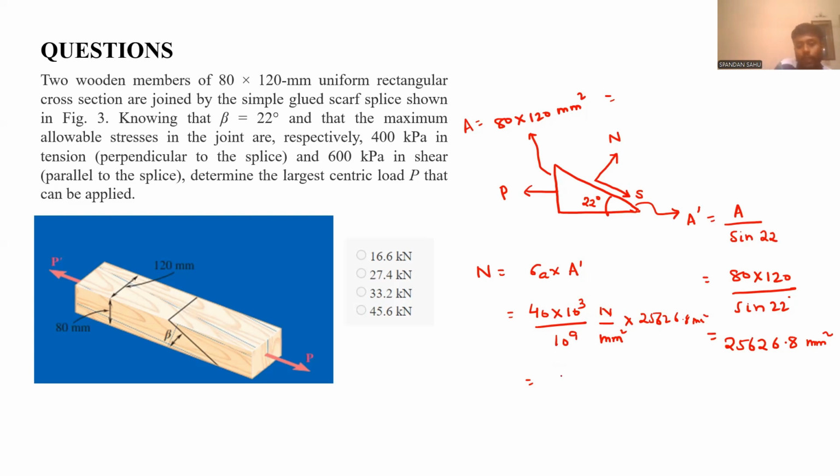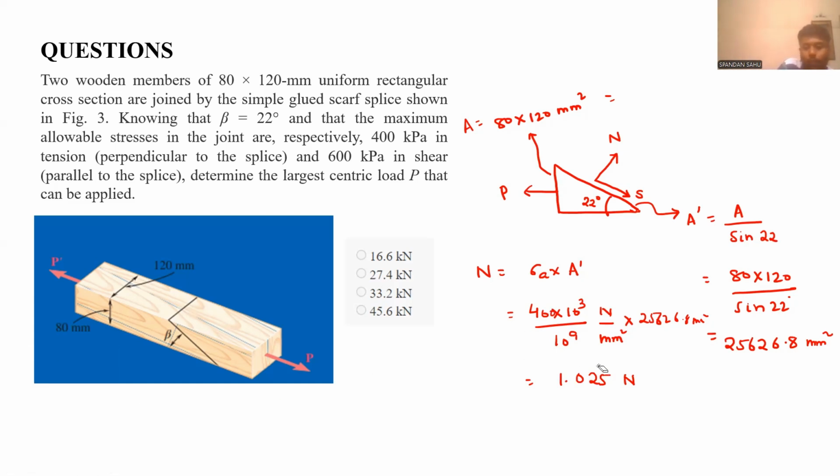So we are getting 1.025 Newton. Sorry, this is 400 actually.